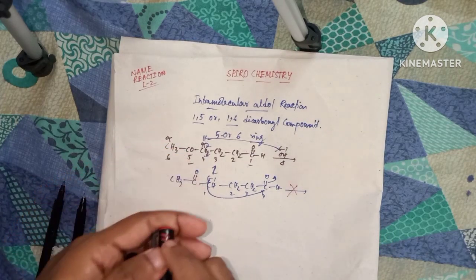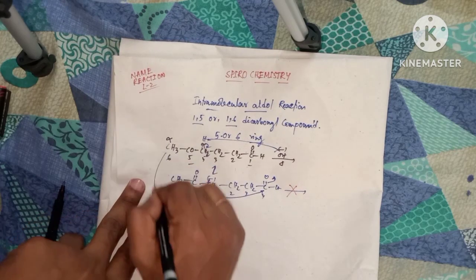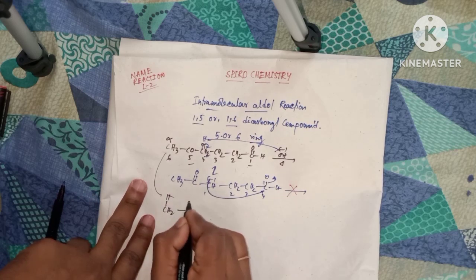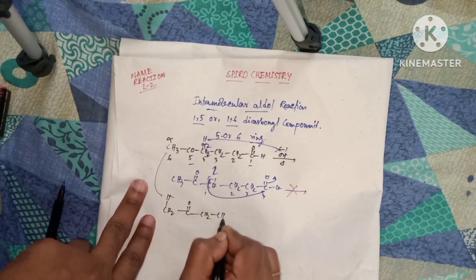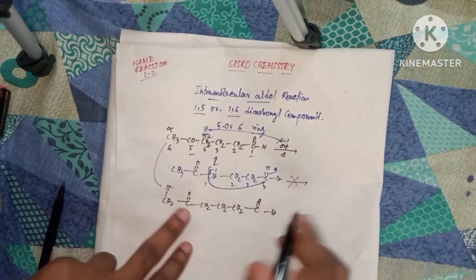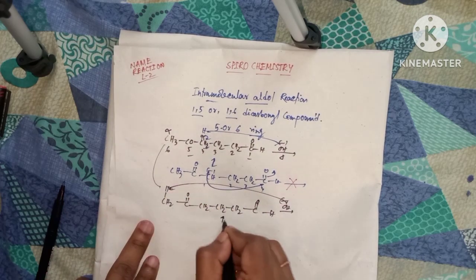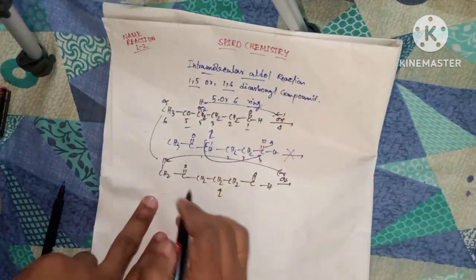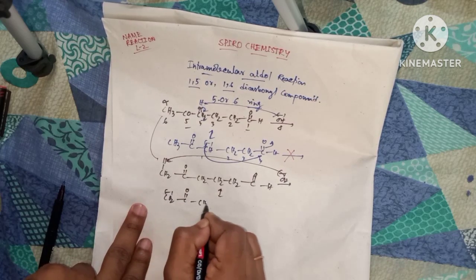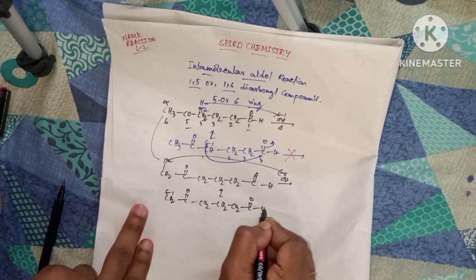So in reality, if you take this alpha hydrogen, OH minus attacks here and it forms a carbanion, CH2 minus, C double bond O, CH2, CH2, CH2 and C double bond O hydrogen.